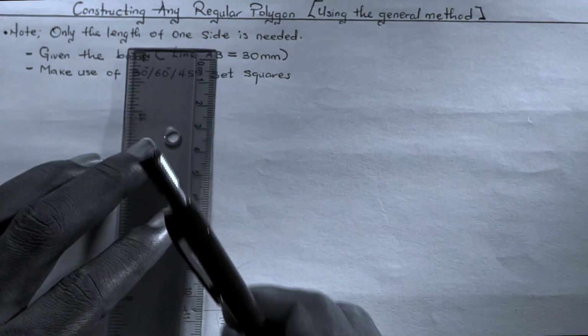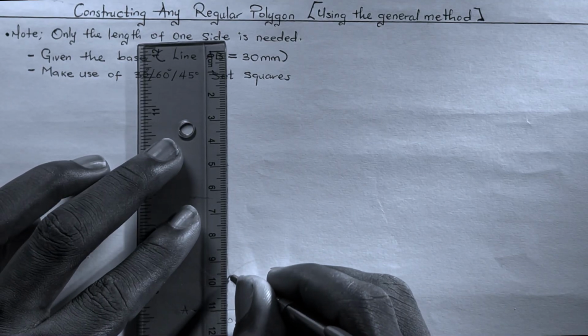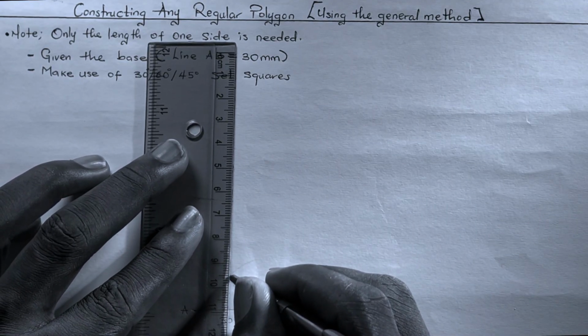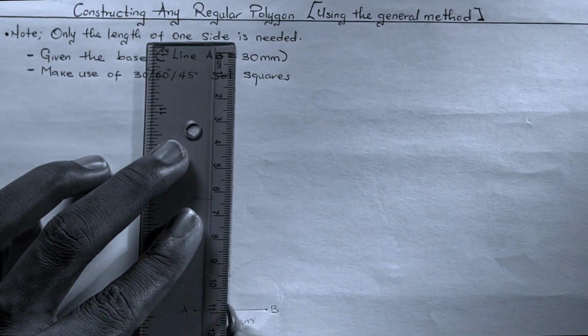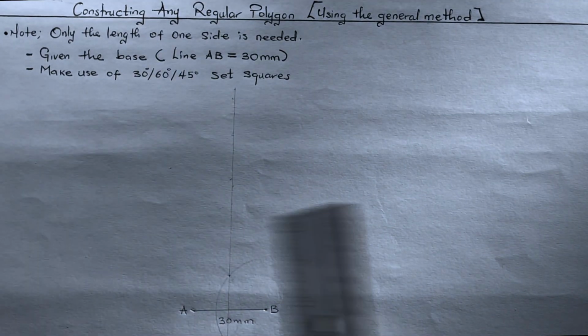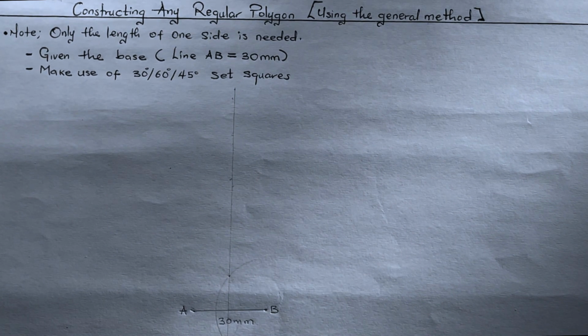So bisect our line to get our perpendicular line to AB. So that's the first thing to do. We bisect our line AB.